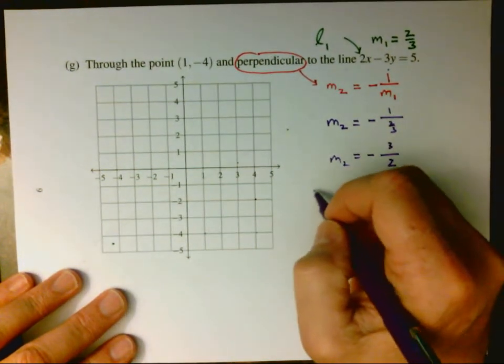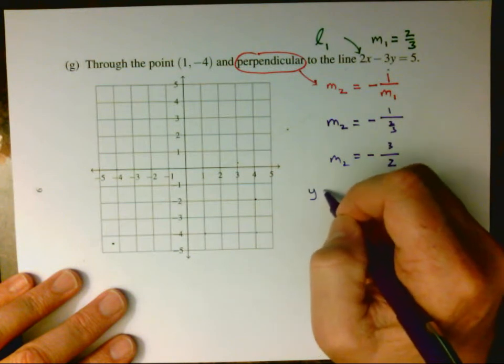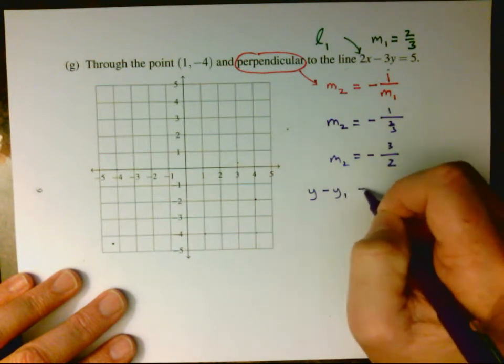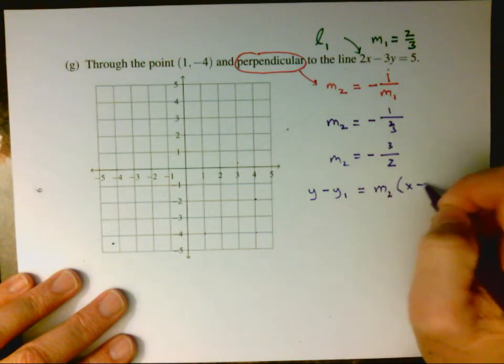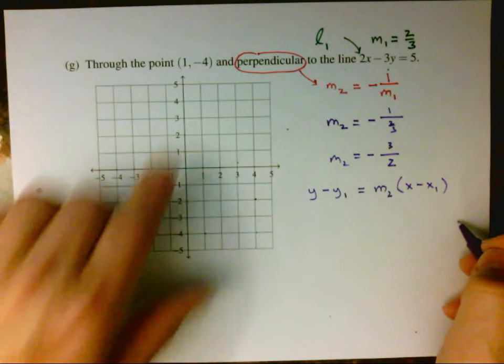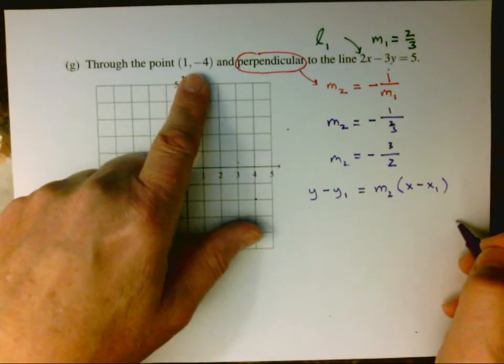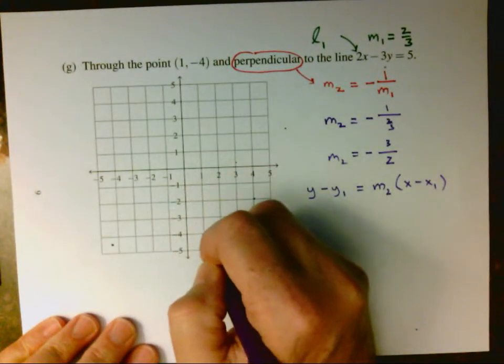Then we can do, just like the last problem, the point slope form. Here we're going to be using m2, x minus x1. We have one point to use. We've got to go through that point, negative 1 comma 4 again.